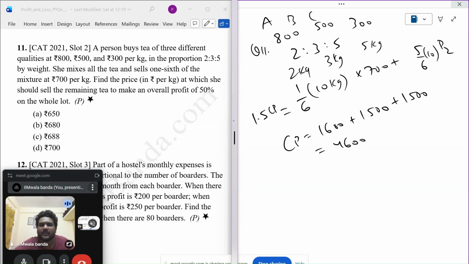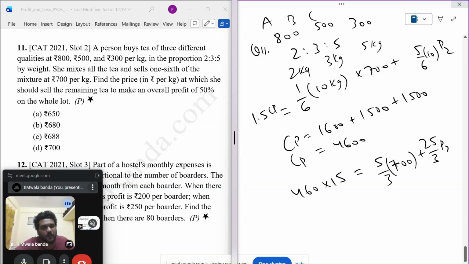Now this into 1.5 is 10 by 6 or 5 by 3 into 700 plus 25 by 3 into P2, correct?